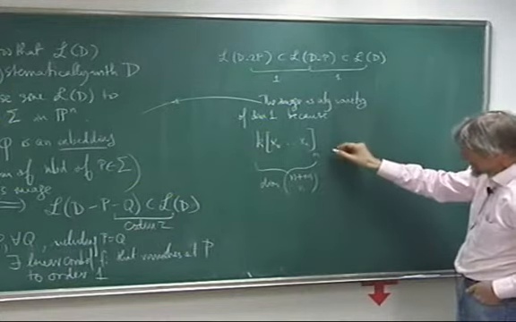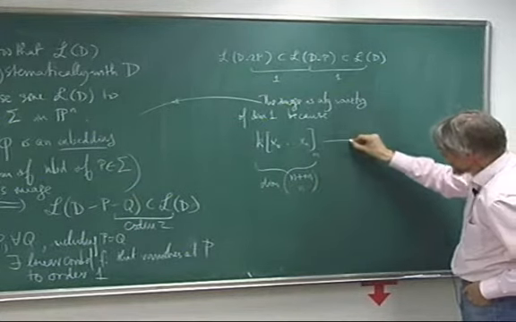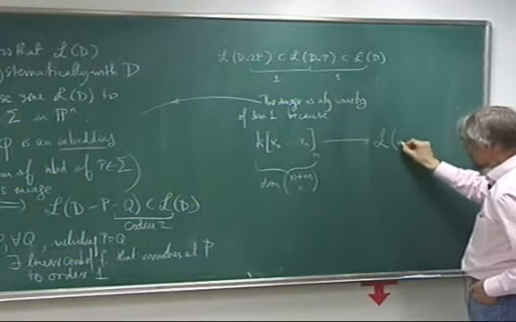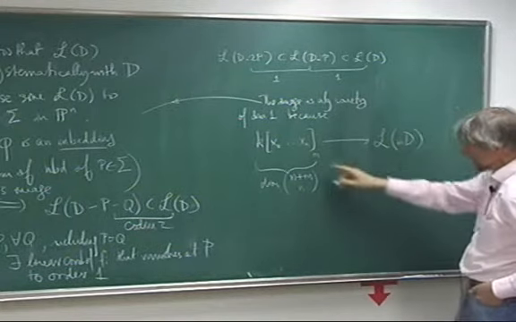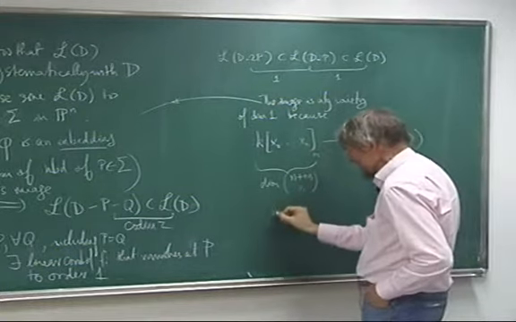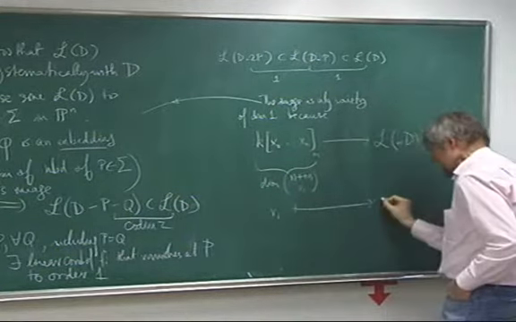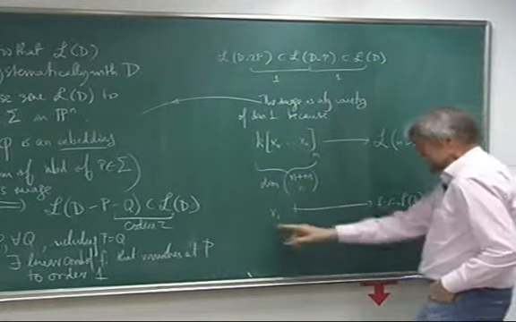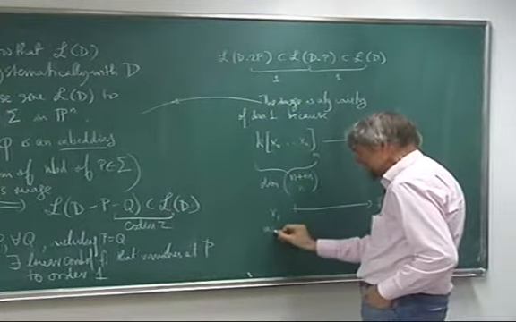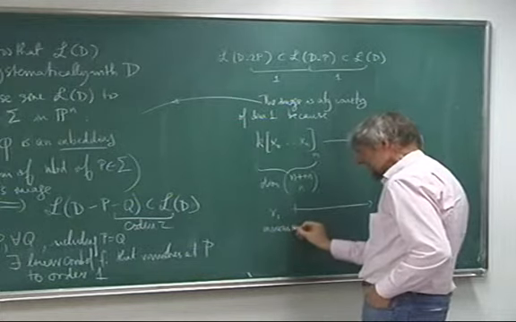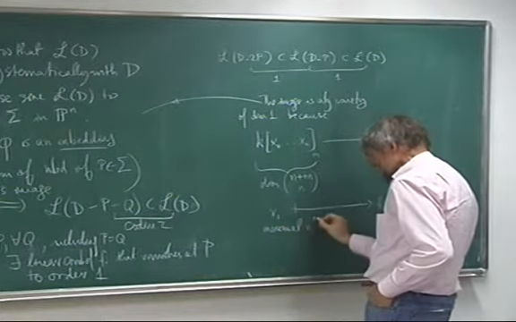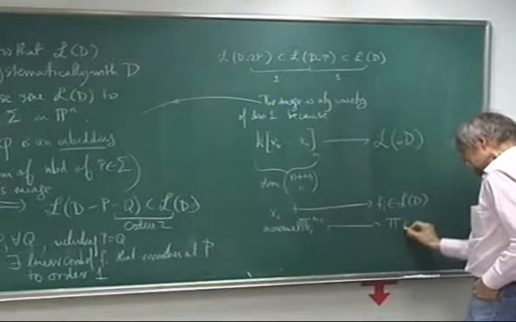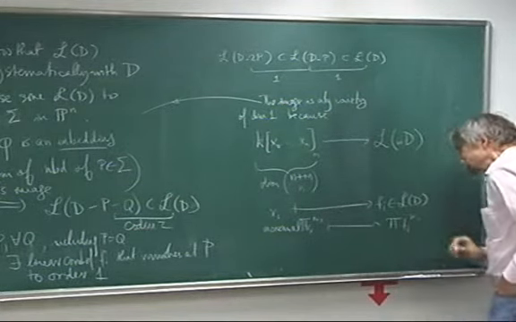But this is mapping now to L(m times the same D). So I'm thinking of mapping xi into fi in L(D), and then a monomial, the product of xi to the power mi, maps to the product of fi to the mi.